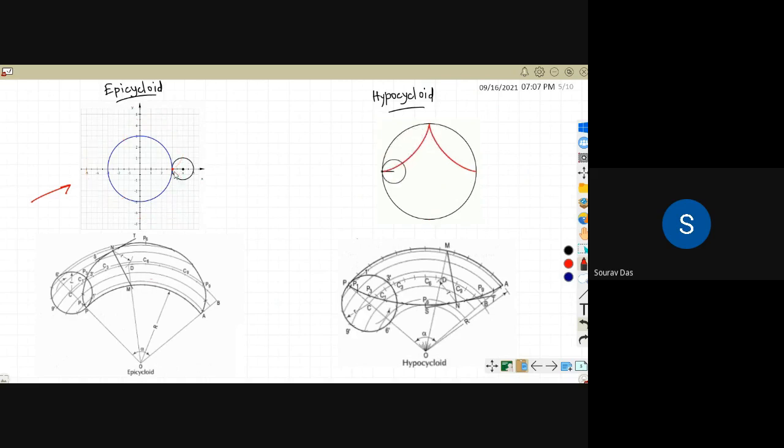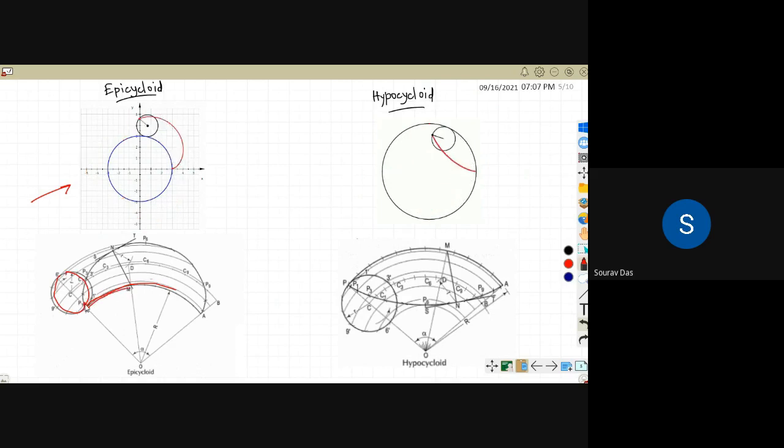In this case, the red dot is the generating point, on the circle, and the generating circle is rolling on the blue circle. So the curve made by the locus of the red dot is known as epicycloid. So this is the generating circle, and it is rolling over this circle.